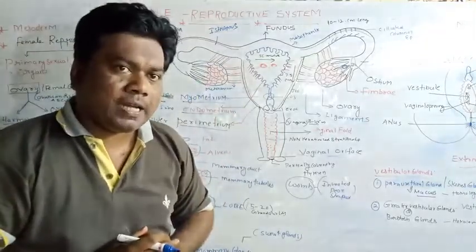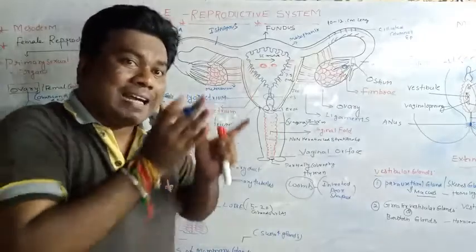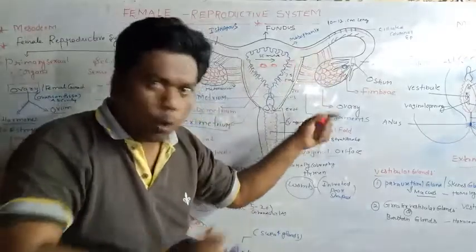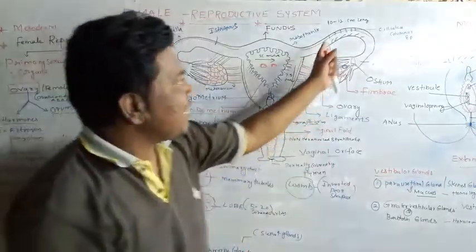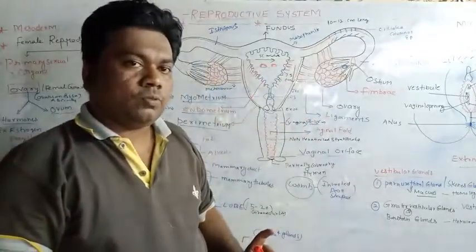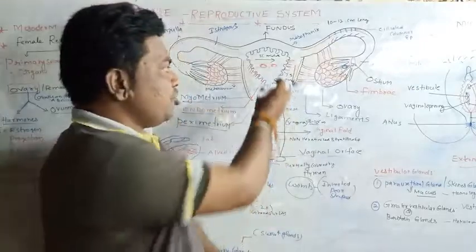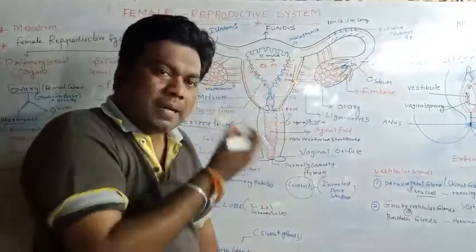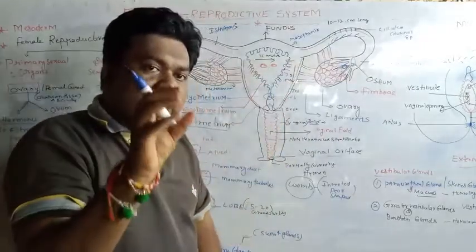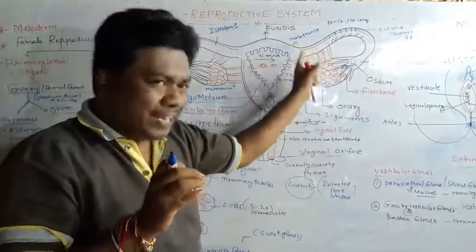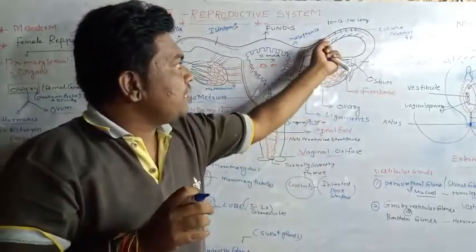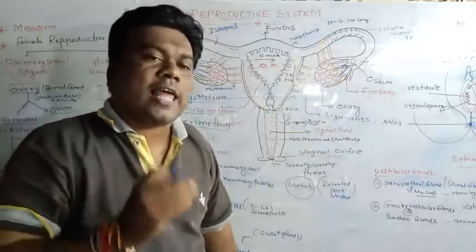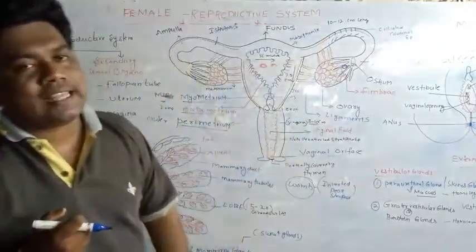Sometimes, beta, fertilization occurs in the fallopian tube, and implantation also occurs in the fallopian tube. Actually, implantation occurs in the uterus region, but sometimes the zygote or blastocyst attaches to the fallopian tube, and that is called ectopic pregnancy.